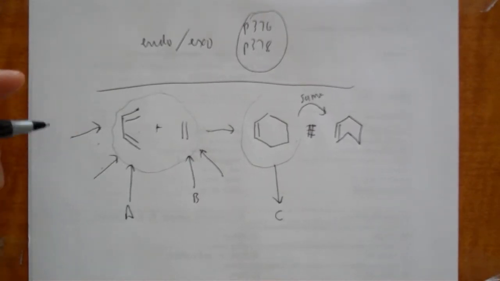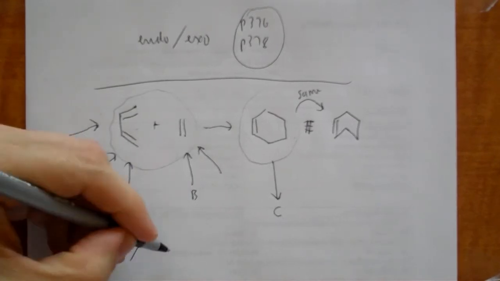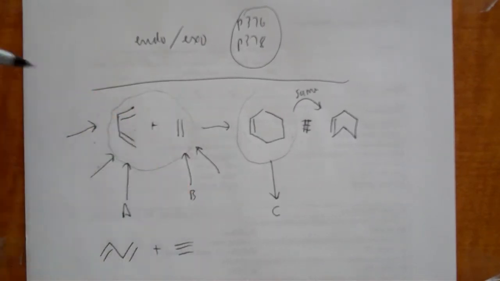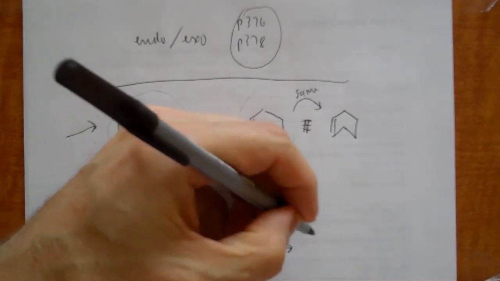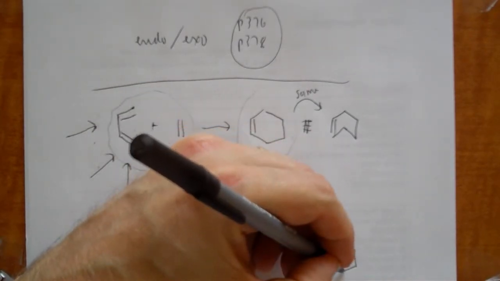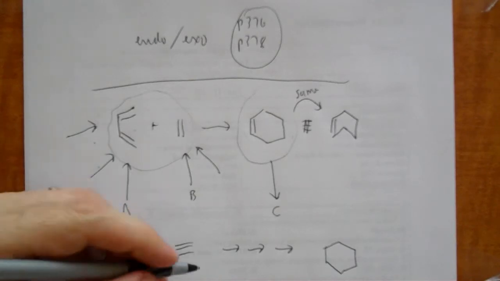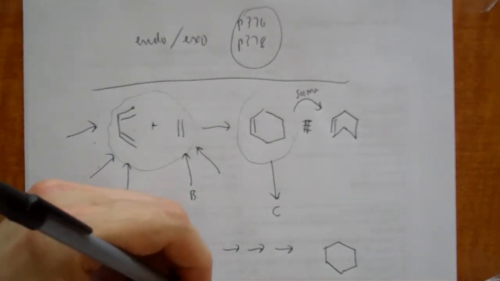All right, so let's give an example of how we can take, let's start out with A as simply that. But let's say that we want to take that plus acetylene, and we want to make, through several steps, cyclohexane. So in order to do that, we first of all would take that and turn it into that, right?